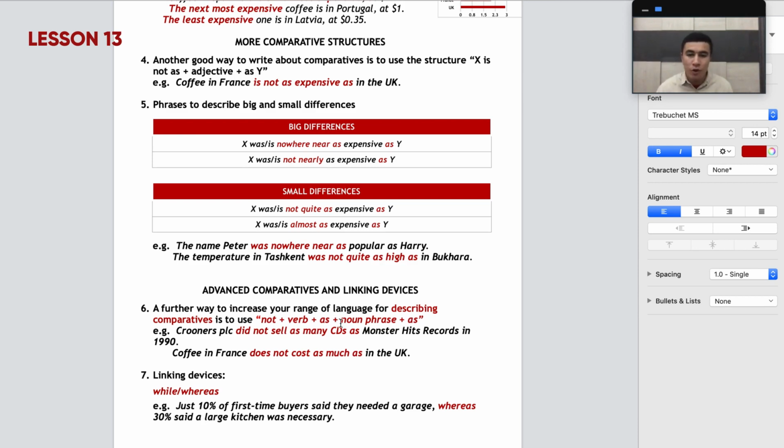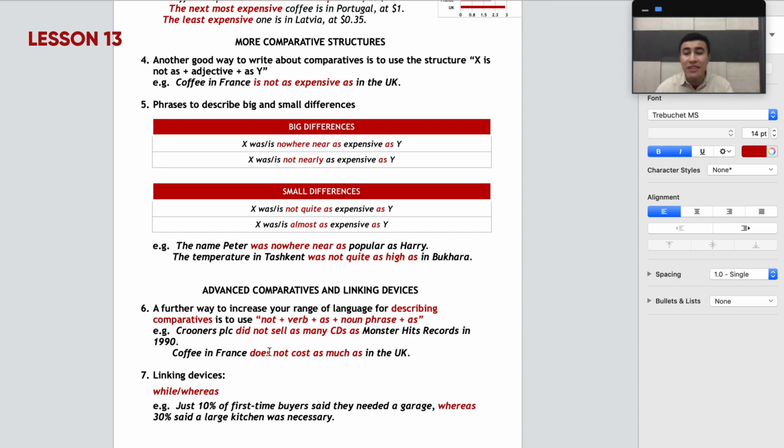So again, the formula can be terrifying or you may find it difficult, but as long as you start using it, it will become a lot easier. Okay, Crooners PLC didn't sell as many CDs as Monster Hits records in 1990.